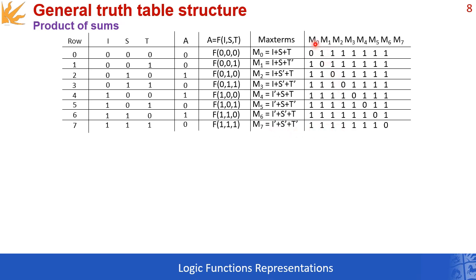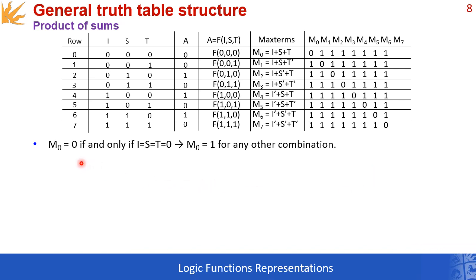Again, if you put the max terms in a sequence, it makes sense to see that on the diagonal you got only zeros and everything else is equal to 1. And this is because of this. Starting with the max term at row 0, this is 0 if and only if all of the inputs are equal to 0.